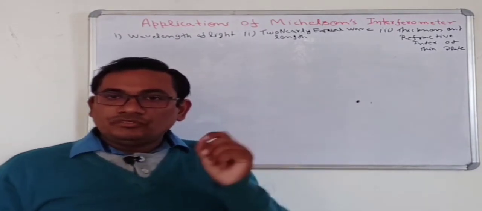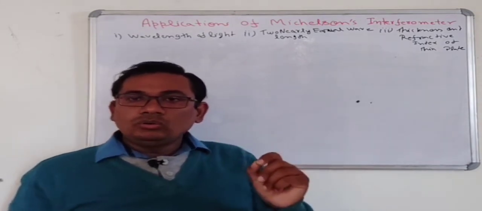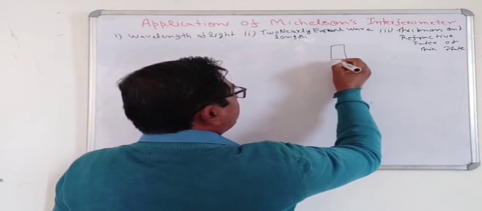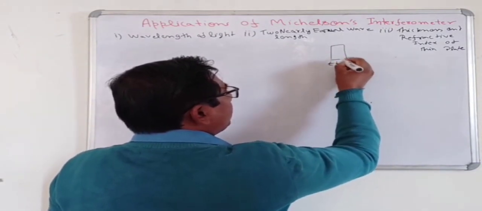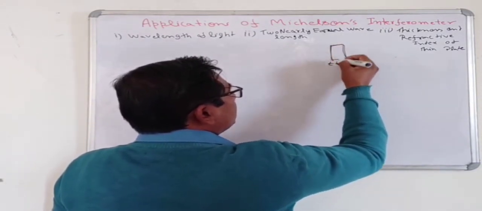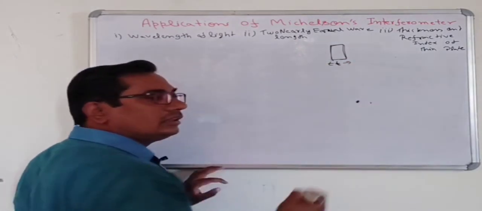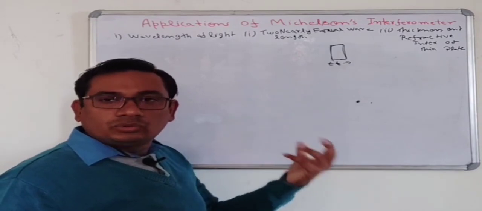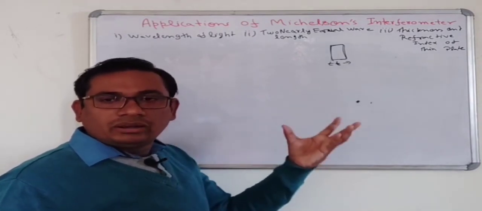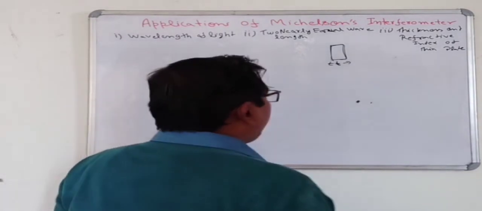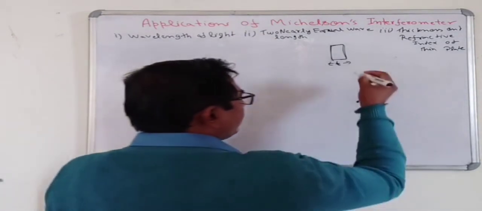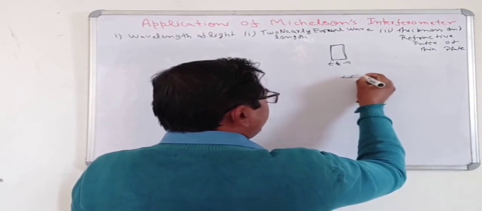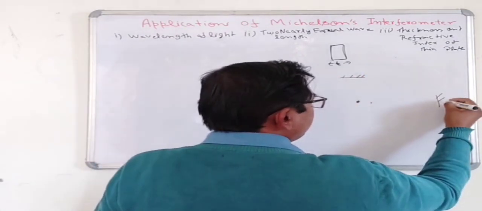Suppose we have a plate of known thickness T, and we can measure this thickness with a vernier calipers or a screw gauge. Now all of you know the Michelson interferometer.